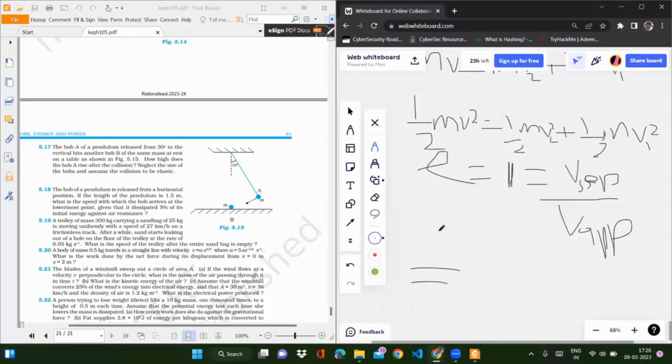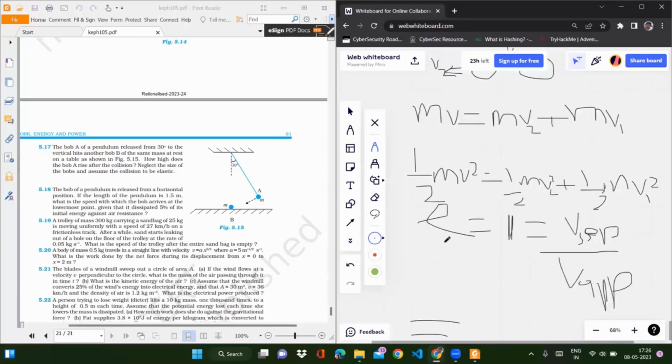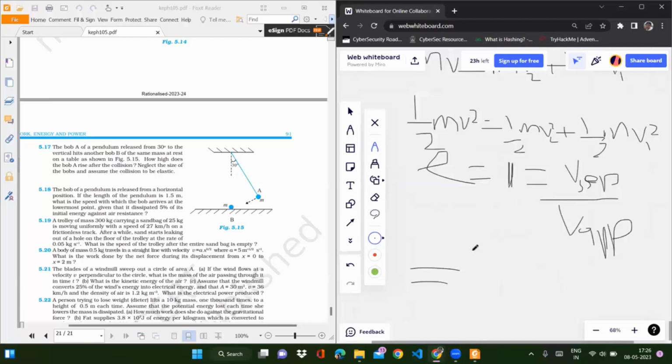Velocity of separation for a collision is the relative velocity with which the bodies are separating after the collision, and velocity of approach is the velocity with which the bodies are approaching before the collision.